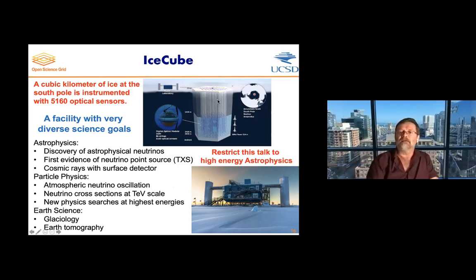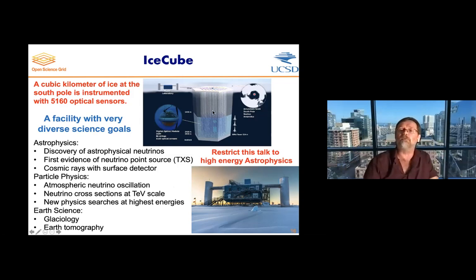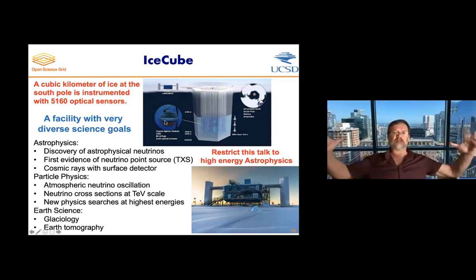At the South Pole, the ice is close to almost 3 kilometers thick, and what they do is they put these phototubes that are about yay big. I've seen one once.